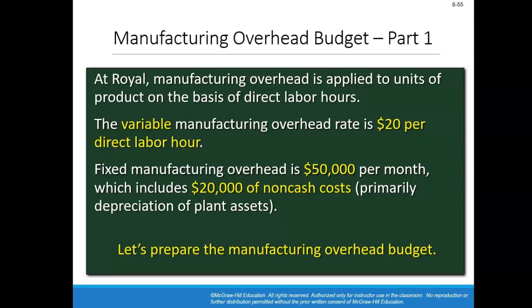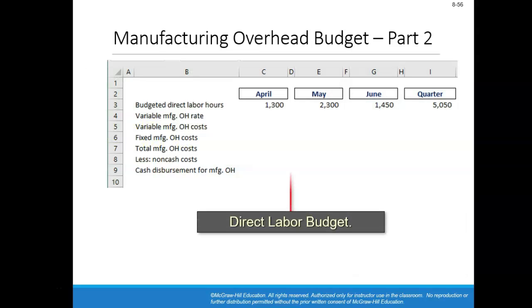So we do talk about depreciation, but remember it is a non-cash expense, and we're focused on the actual amount of cash expenditures we have to pay for overhead costs in preparing our manufacturing overhead budget.